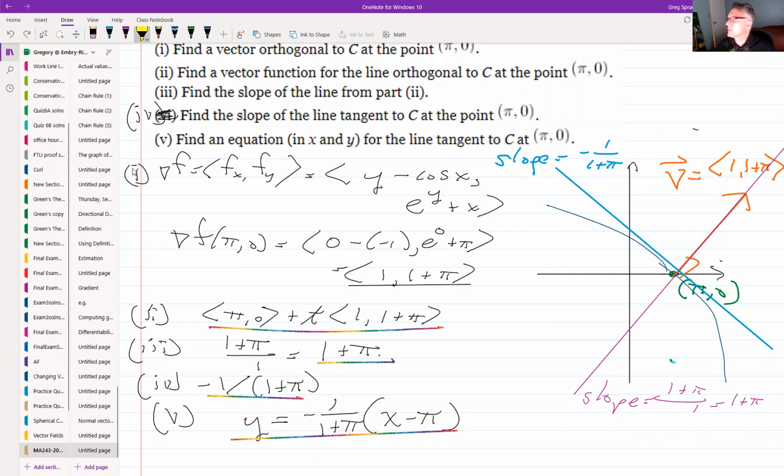The tangent line is orthogonal to it. So I take the negative reciprocal to get its slope, which is -1/(1 plus pi). And that's it. Next time we will do something different.